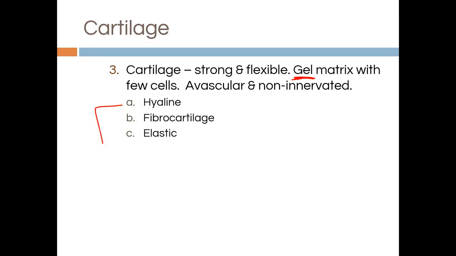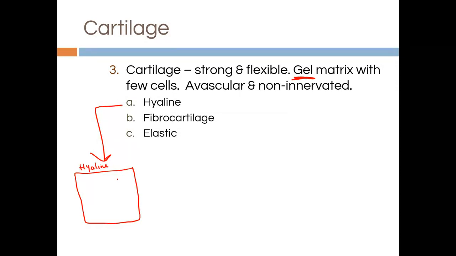Okay, the first one is called hyaline, and hyaline is the most basic of all of our cartilage. And so in hyaline, we will see some cells. And these particular cells are chondrocytes.